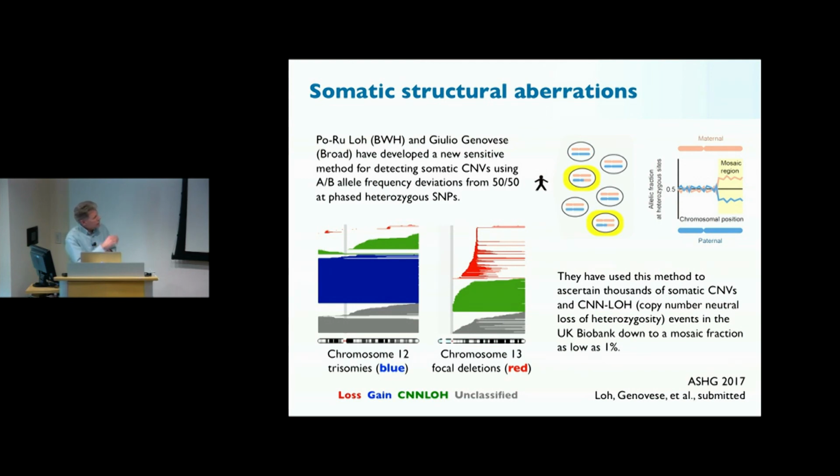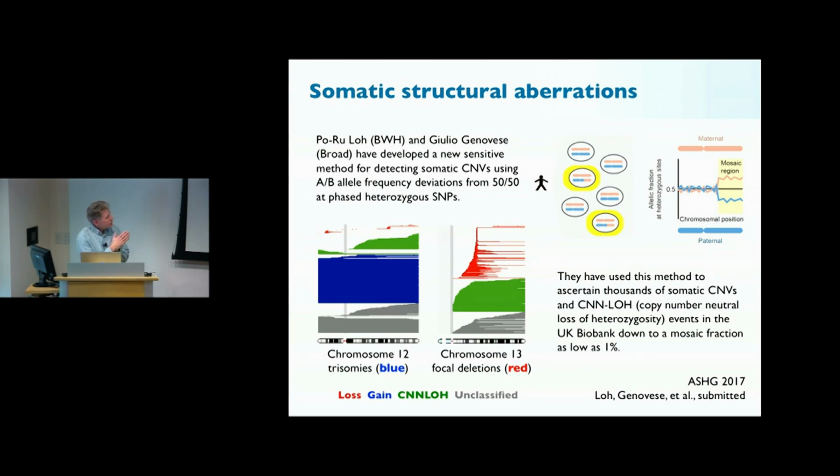And so they've shown that there's this abundant copy number variation, both deletions and duplications, and this copy number neutral loss of heterozygosity. And that's when, in most cases, you have a maternal haplotype and a paternal haplotype at every place in your genome. But sometimes what happens is that you lose the paternal haplotype and you get two copies of the maternal haplotype instead.